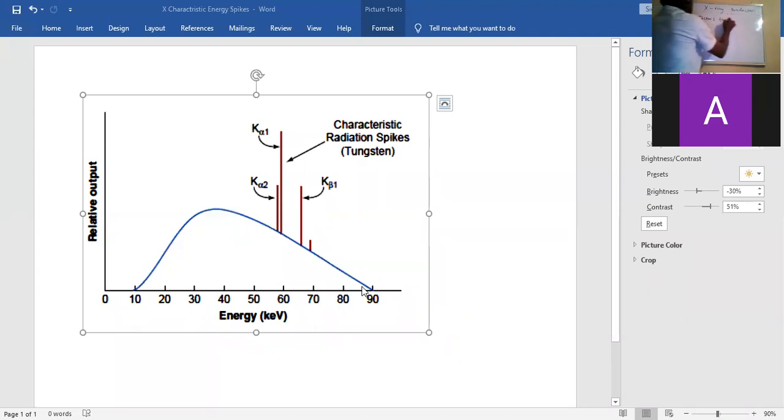The two factors are the atomic number of the target and the kinetic energy of the electrons.